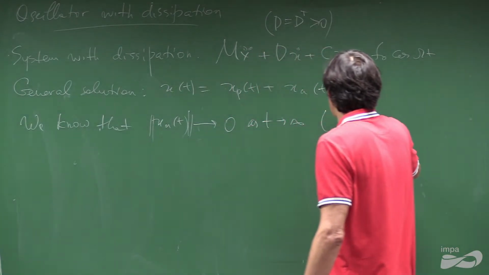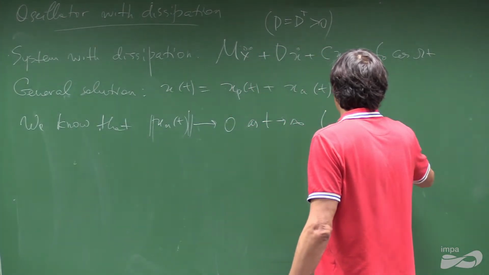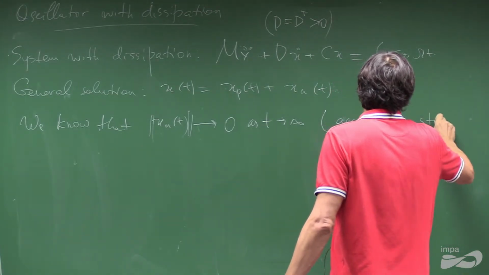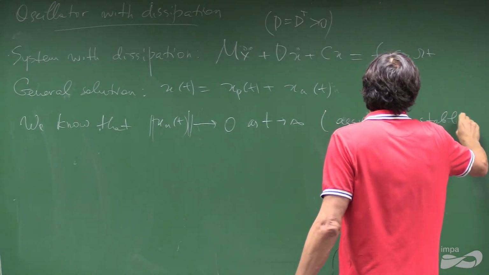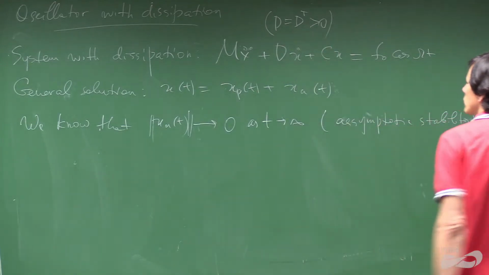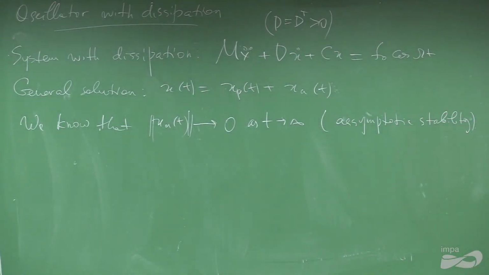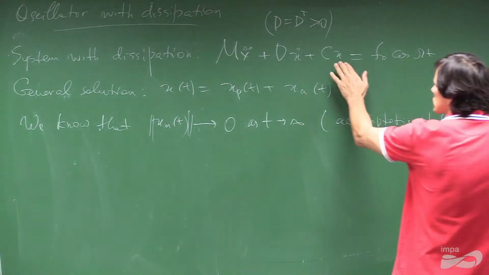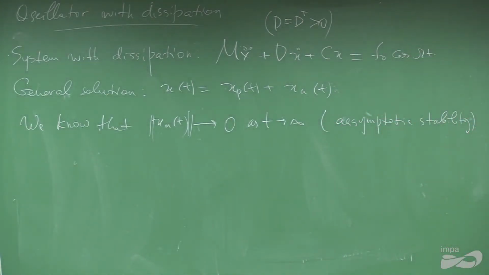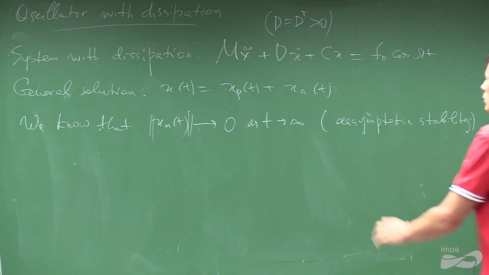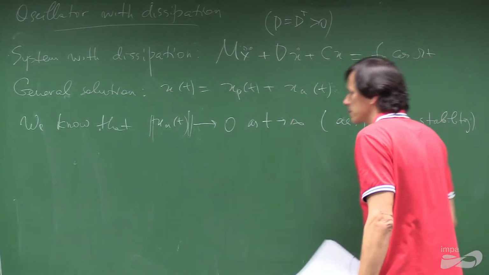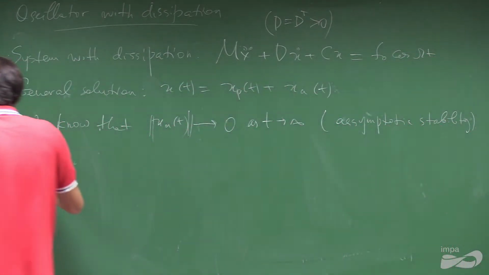This is the property of asymptotic stability. Remember that whenever you add a dissipative term with a positive definite matrix to a stable system, you have asymptotic stability, so all solutions go to 0. It means that for the general solution at long time, this part is not important, so you only need to find the particular solution.